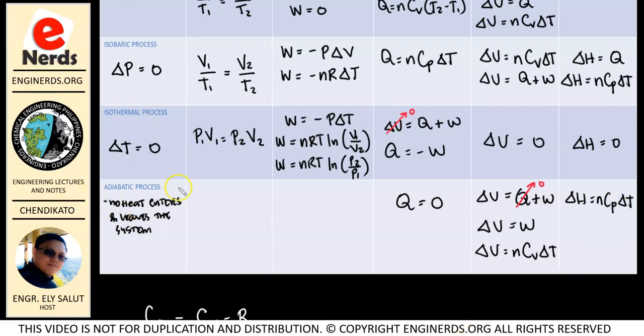Now, we have our adiabatic process in here. Sometimes you will encounter, when you are working with adiabatic processes, a term which is isentropic process. This actually means that the process is operating at constant entropy.